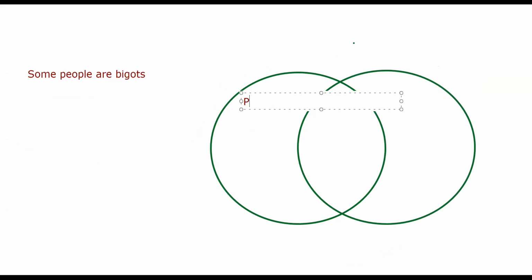You have the set of people. You have the set of bigots. And unfortunately, there's going to be an overlap between them. The people in this middle section are both bigots and human beings.